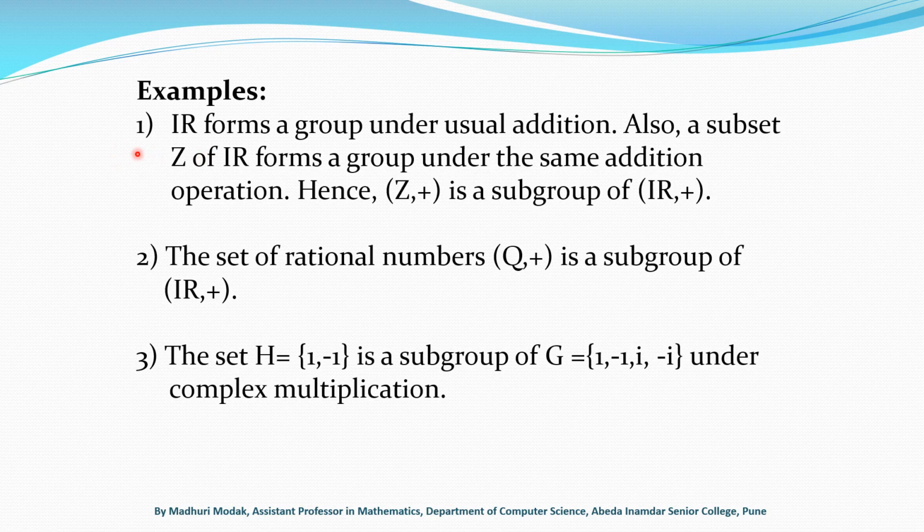Now, see, R forms a group under usual addition, meaning regular addition. Now, Z, the set of integers, is a non-empty subset of R, and with respect to the same addition, Z forms a group. Hence, we can say that Z with addition is a subgroup of R with addition.